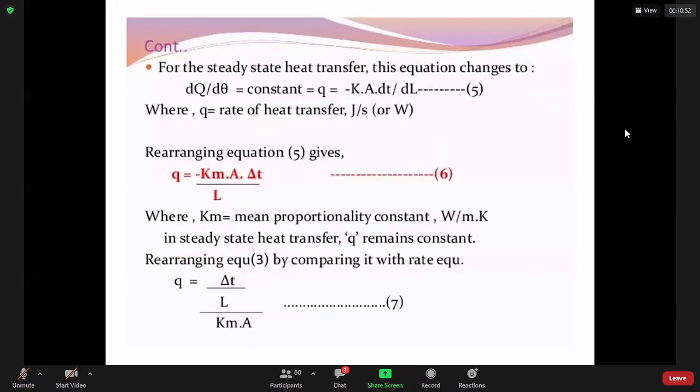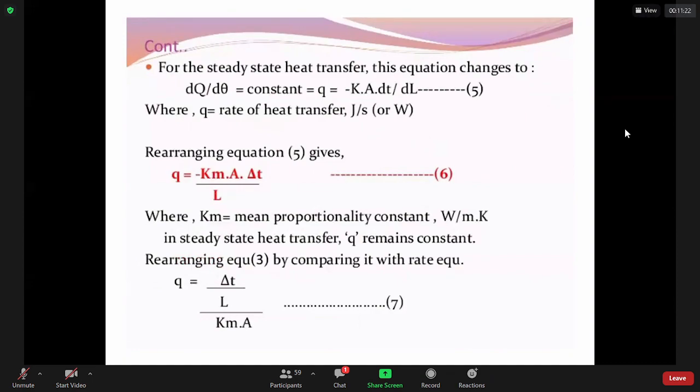So we can always arrange that particular equation to have it as Q, which is equal to Km times A, that's area, times the temperature change divided by the length through which that particular heat is transferred. So we have our constants as that.